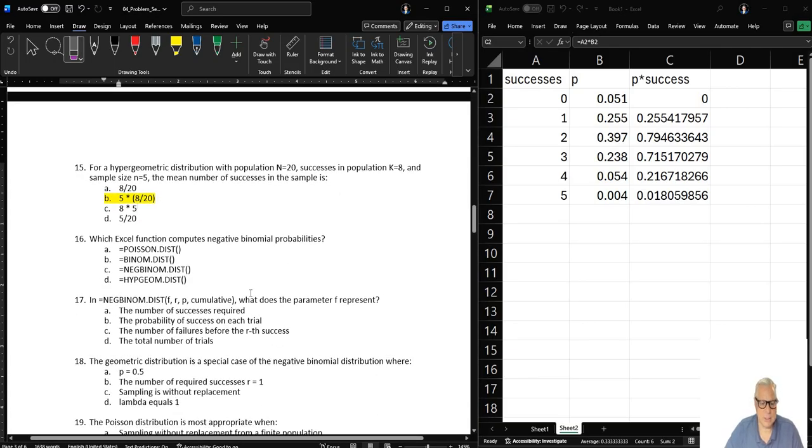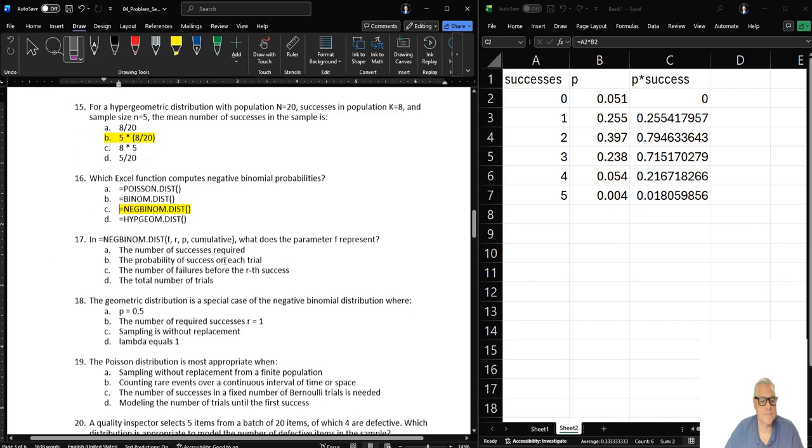Okay, 16. Which Excel function computes negative binomial probabilities? Okay, so that's NEGBINOM.DIST. 17, in NEGBINOM.DIST, okay, the number of failures until we reach a certain number of successes, when the success probability is P, cumulatively, what does the parameter F represent?